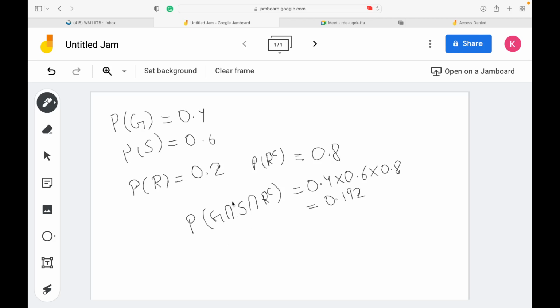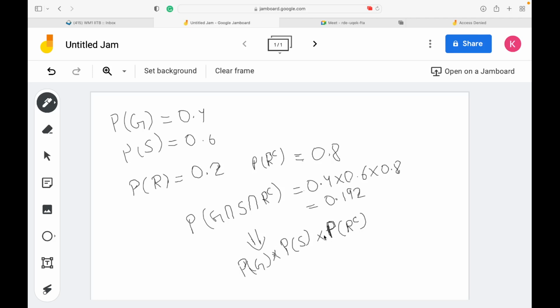And as these are independent events, the formula for independent events is Pg multiplied by Ps multiplied by Pr. Okay.